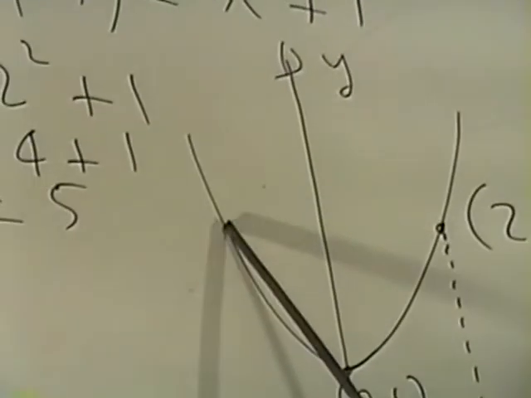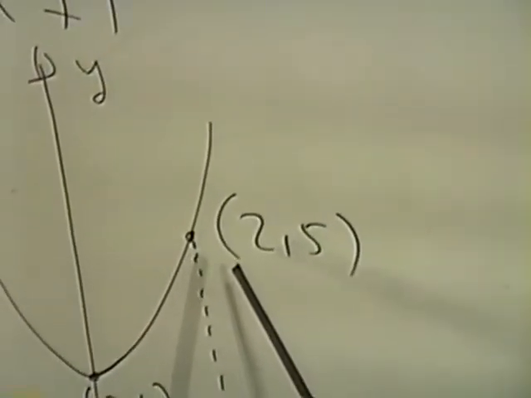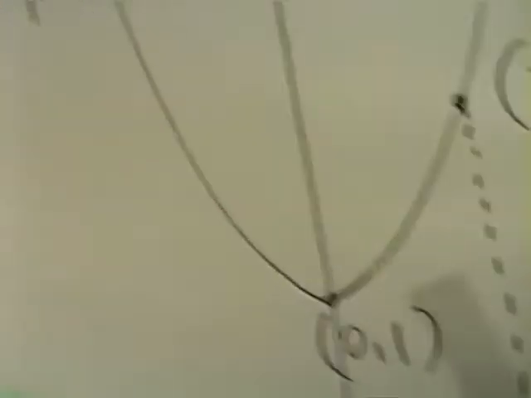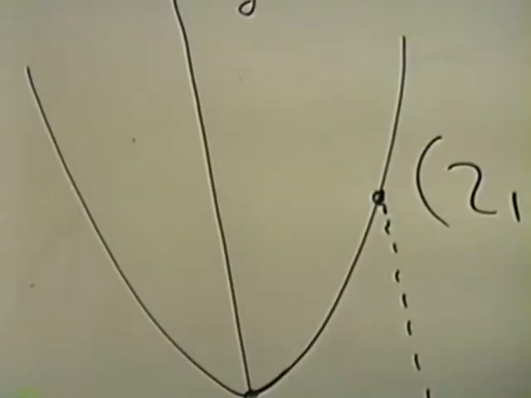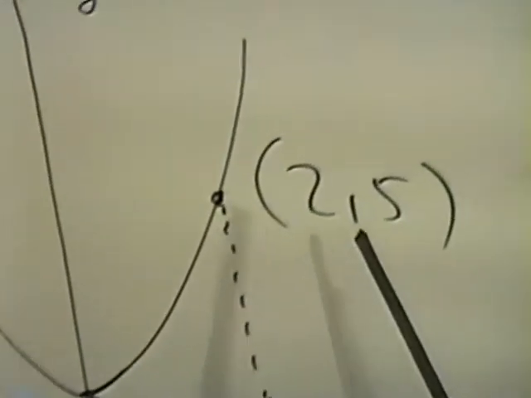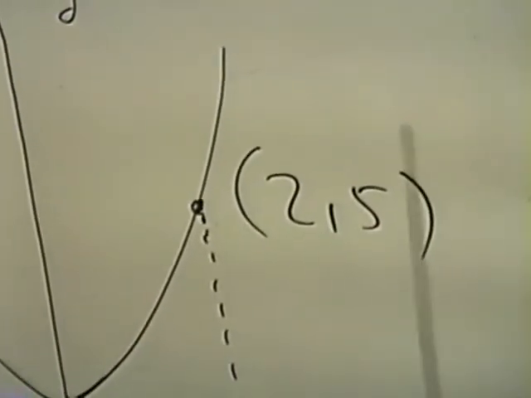Suppose we ask the following question: what will happen to f(x), this function here, as x moves closer to 2 from either side, from the left-hand side or from the right-hand side? I repeat, the question is, what will happen to f(x) when x moves closer to 2, either from the left or from the right-hand side?